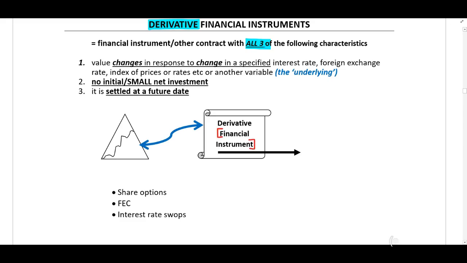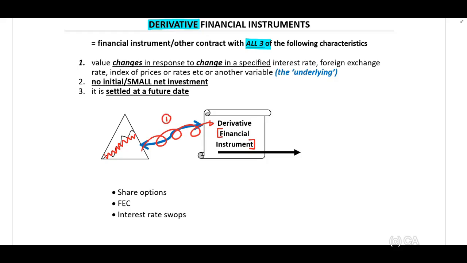Our financial instrument will change in response to a change in another variable. Therefore, guys, this can either be interest rate, foreign exchange rates, index prices, and so forth. So what we are saying is that this is the underlying. Our instrument will change due to something else changing.